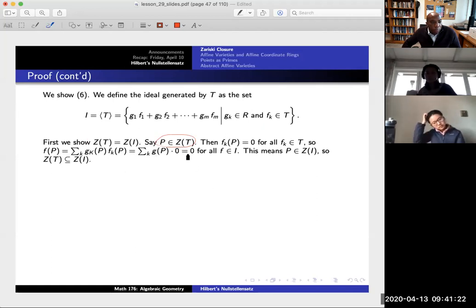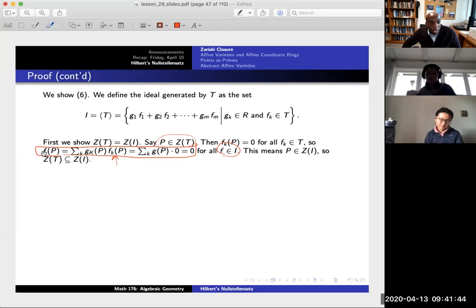Then for any f in I, I know that I can write f as a linear combination in this way here. It looks like some gk's, fk's, but now if I evaluate everything at P, remember that the fk's here are all 0.